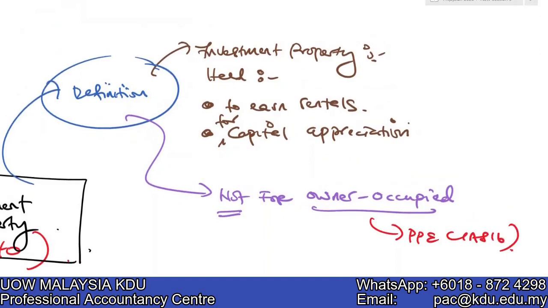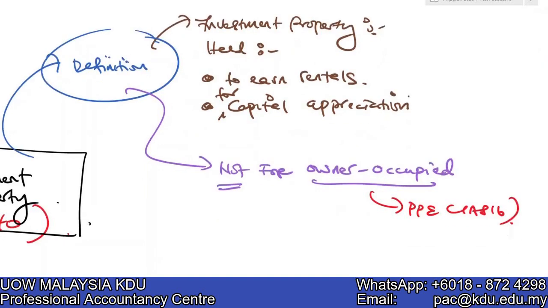Is that right? So investment properties are those properties which are held to earn rentals or for capital appreciation. So they are not for owner occupied, meaning it's not for own use. If it's for own use, like you use it as your factory, you use it for administrative purpose, then it is not investment property. They will be classified as property, plant, equipment, IAS 16.